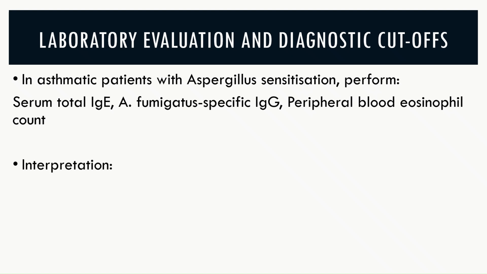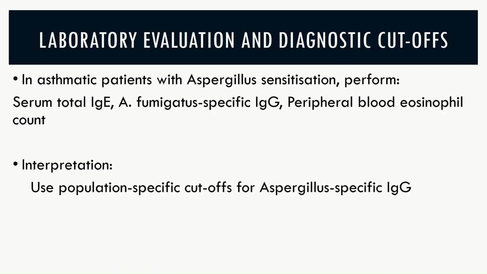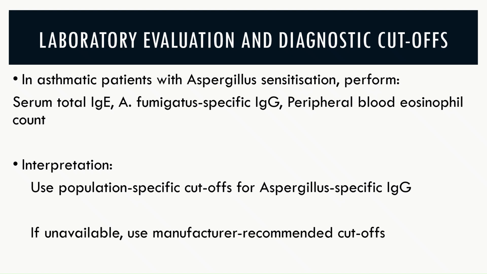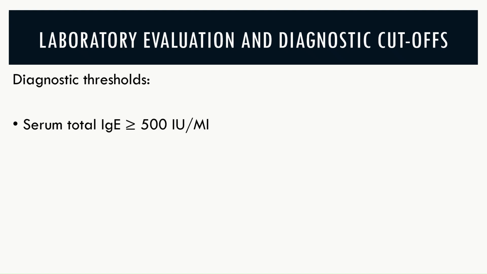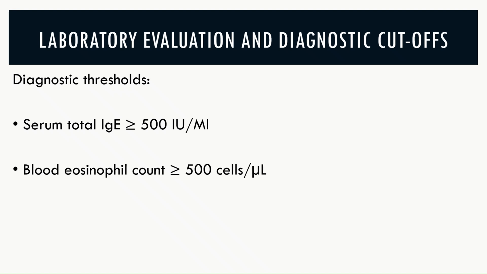For interpreting Aspergillus-specific IgG levels, population-specific cutoff values should be used whenever possible. If such data are not available, manufacturer-recommended cutoffs can be used. The recommended diagnostic thresholds include a serum total IgE level of at least 500 international units per ml and a blood eosinophil count of at least 500 cells per microliter.